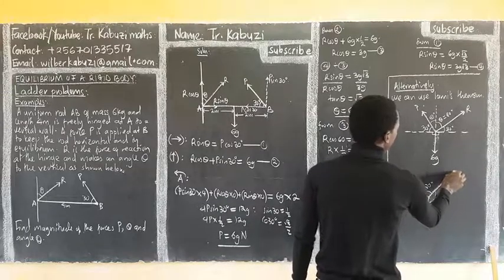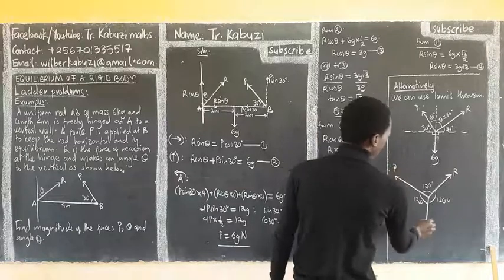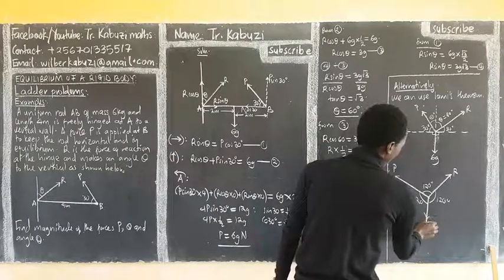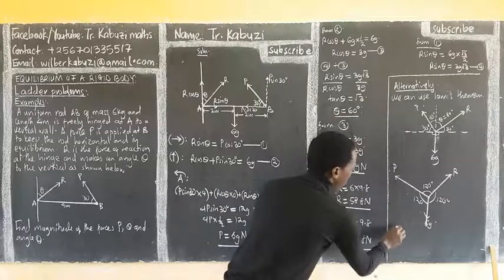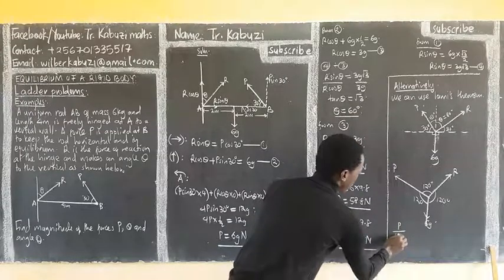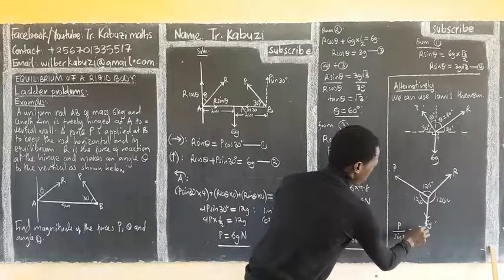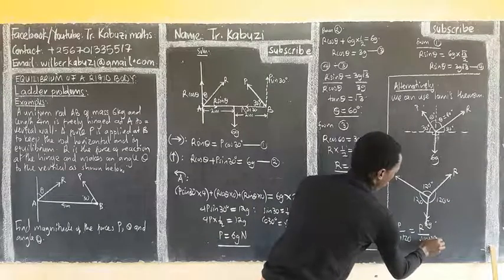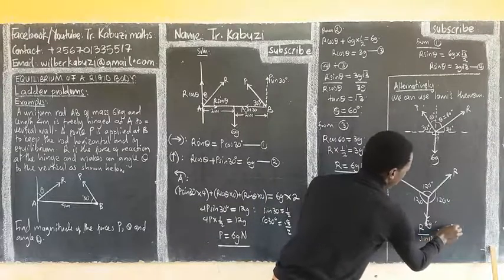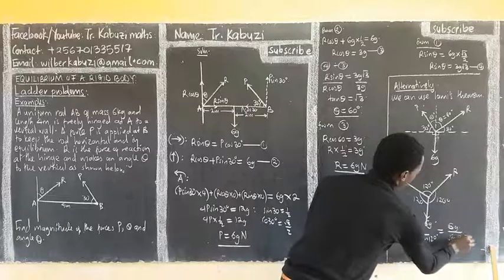This is going to be R. This is going to be P. This is going to be 6B. What does this say? It says that P over sine 120 is equal to R over sine of the angle opposite, equaling to 6B over sine of the angle opposite.